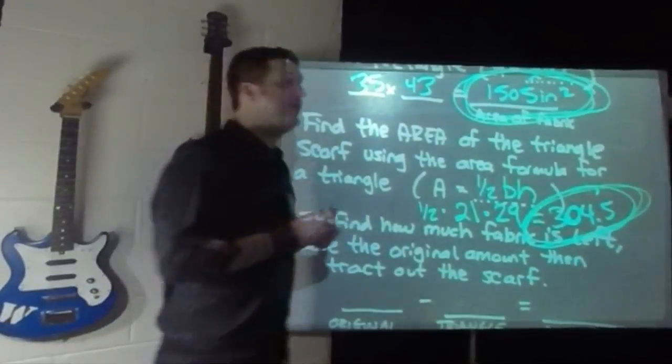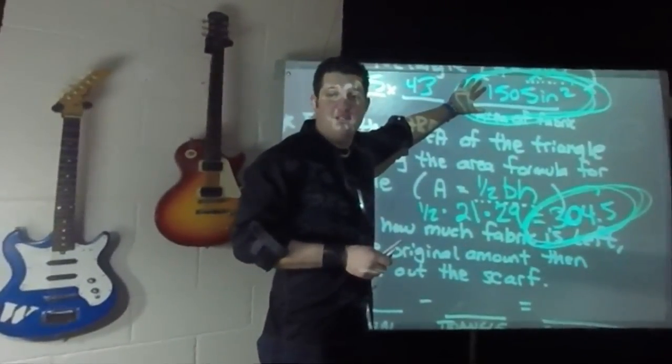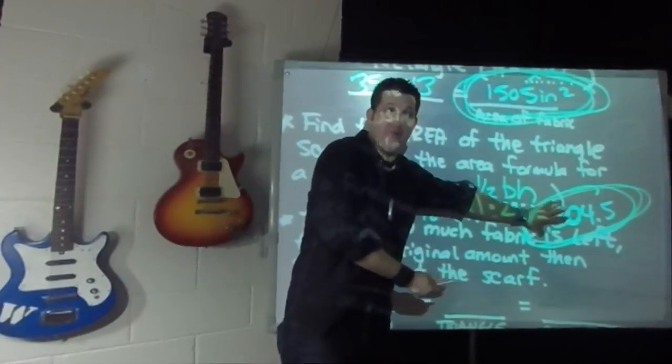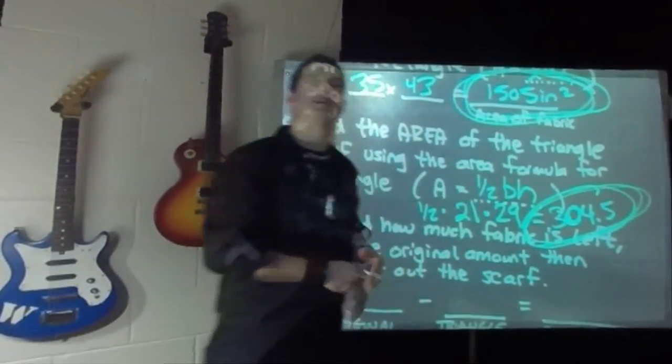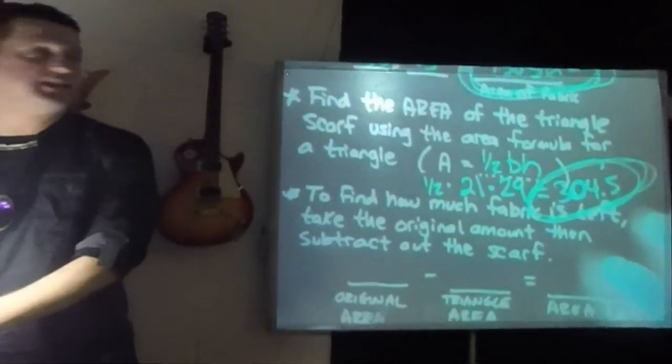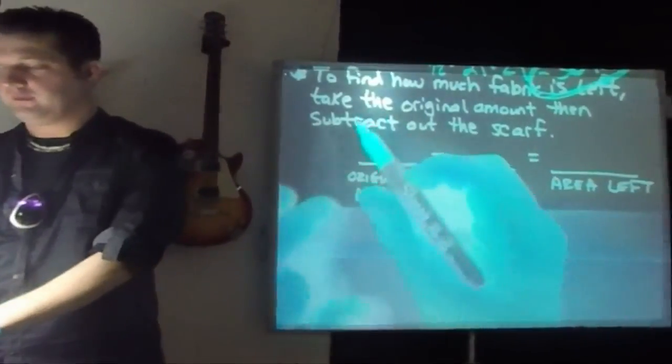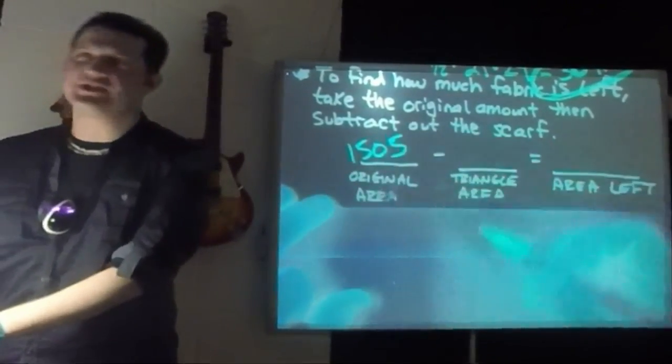So we started out with this many square tiles of fabric. You cut out a scarf that was this much. The question is, how much is left? Pretty simple to calculate. Start with your original area, 1505. We had 1505 when we left the store.